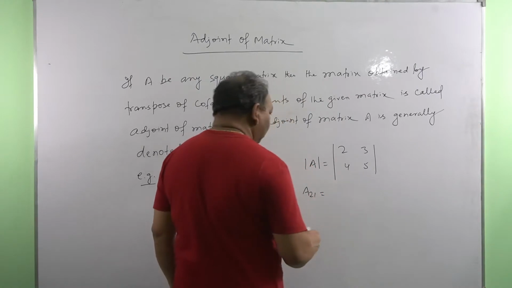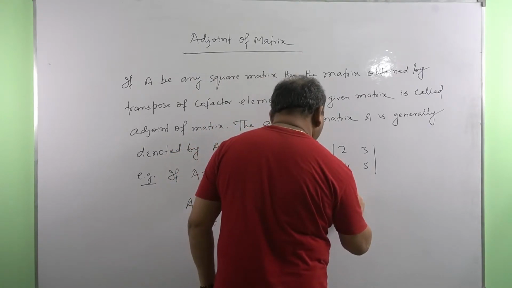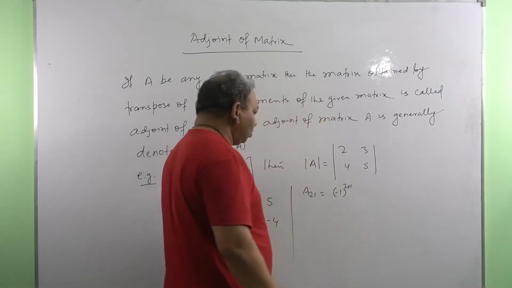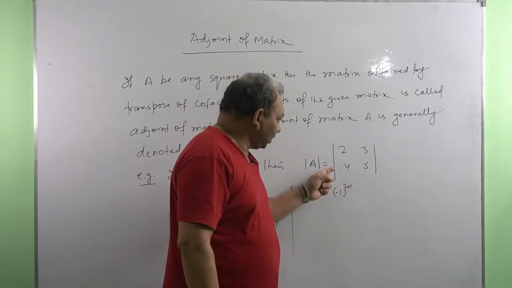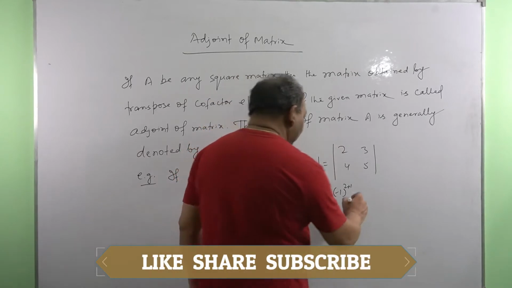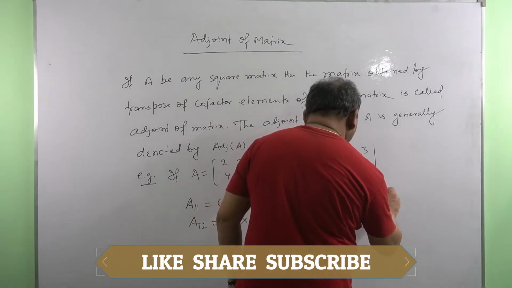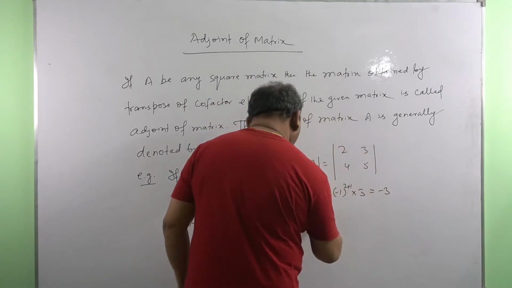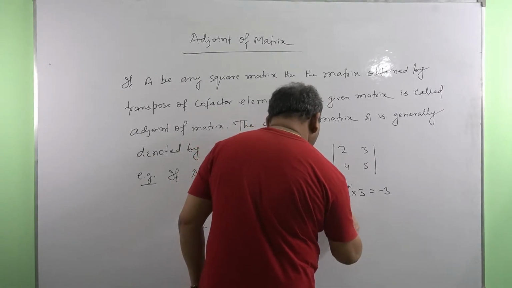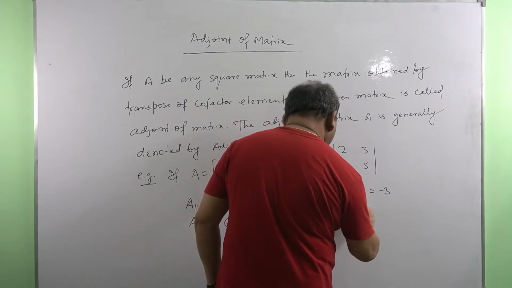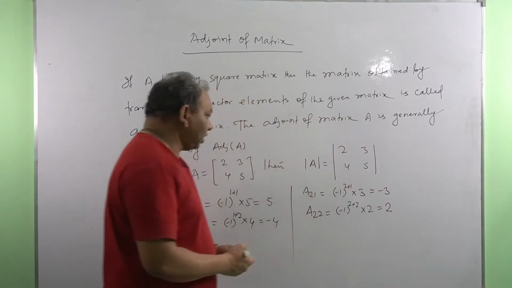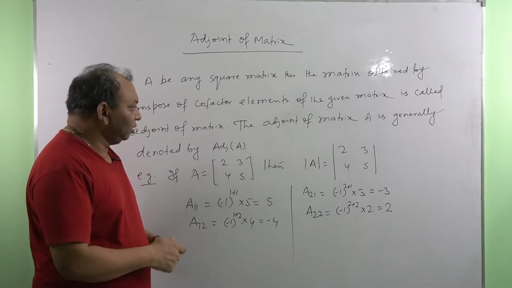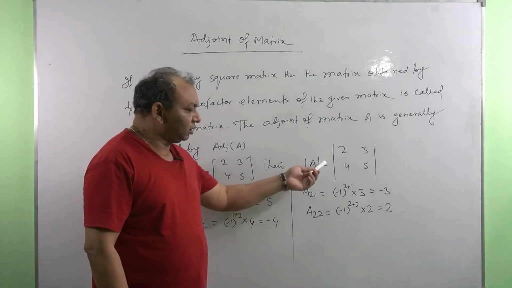A21 is minus 1 to the power 2 plus 1, cofactor of this element 4, hiding second row and first column, we will get 3, so minus 3. And A22 is minus 1 to the power 2 plus 2 into 2, that is 2. So these are the cofactor elements of the determinant of matrix A.